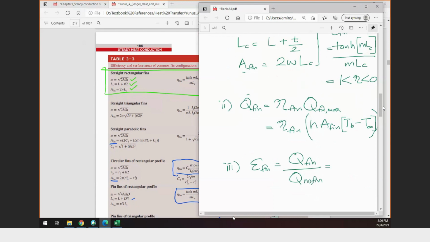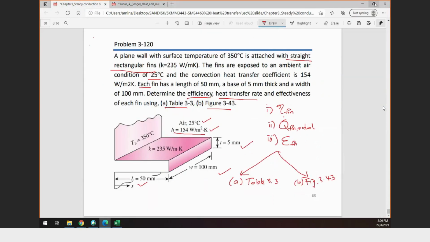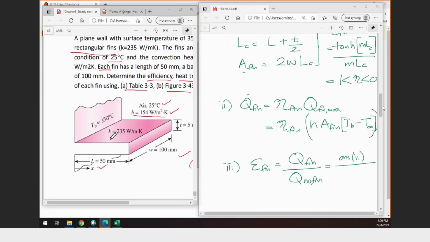Okay, so this is the question answer number 2 divided by, so you can imagine, without this fin, you only have hAB times base temperature minus surrounding temperature.